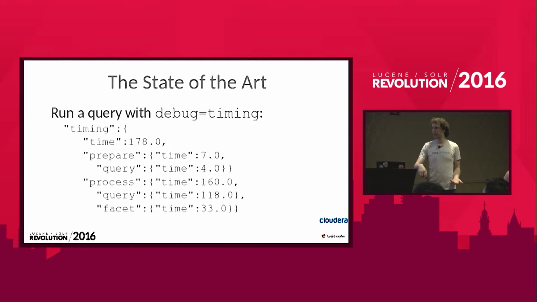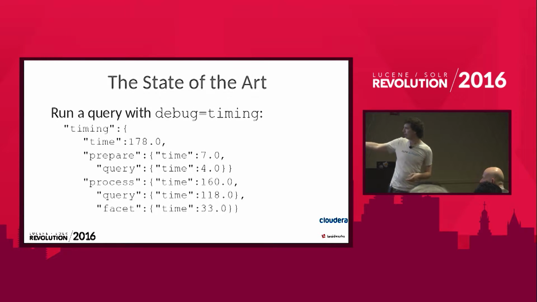So one of the things that we like to do sometimes is Solr has this feature, you can throw debug equals timing onto the end of your query. There's a couple other options for debug, but timing is a pretty generally useful one, and it'll show you up here. So you have your whole time, and it breaks it down.